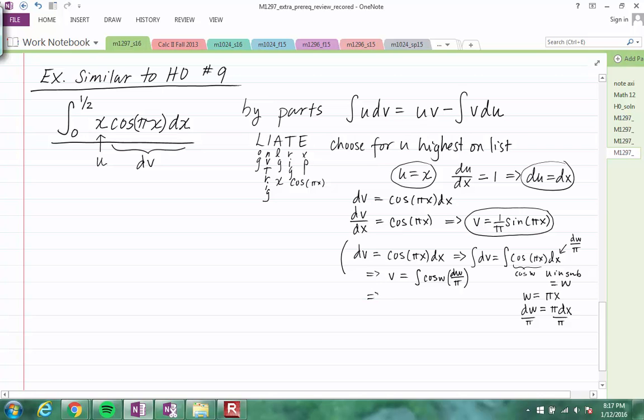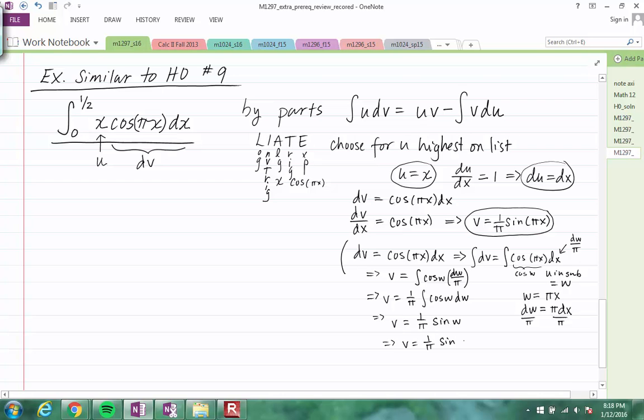And then we're almost there. We just have a constant, 1 over pi, and this amounts to just taking the integral of cosine, which is sine. And then finally you back substitute and write this in terms of x.